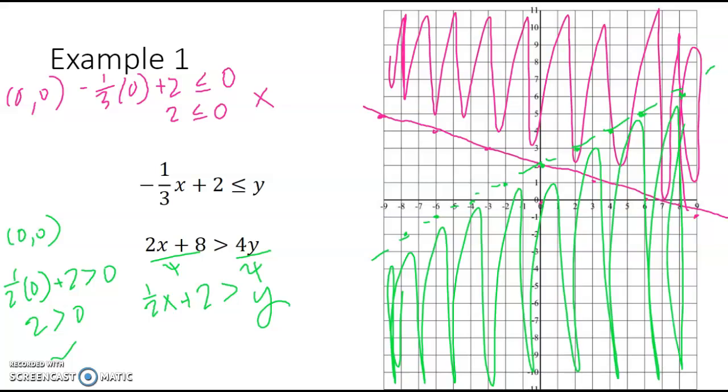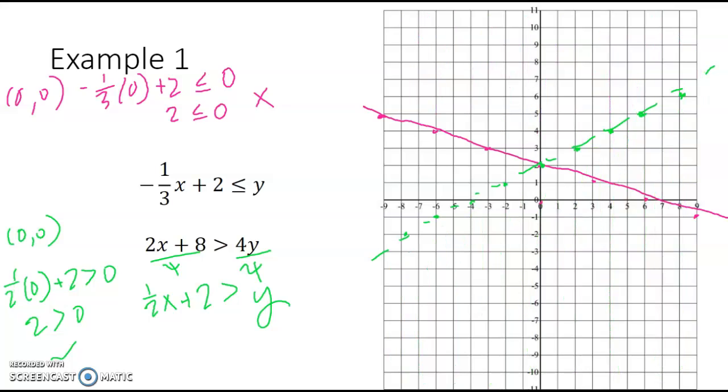So now my last step is to figure out where these two inequalities overlap. I see that that's happening right in here. So I want to shade in that as my solution set region. So this section right here would be my solution set to the system of linear inequalities of negative 1/3 x plus 2 is less than or equal to y, and 2x plus 8 is greater than 4y.